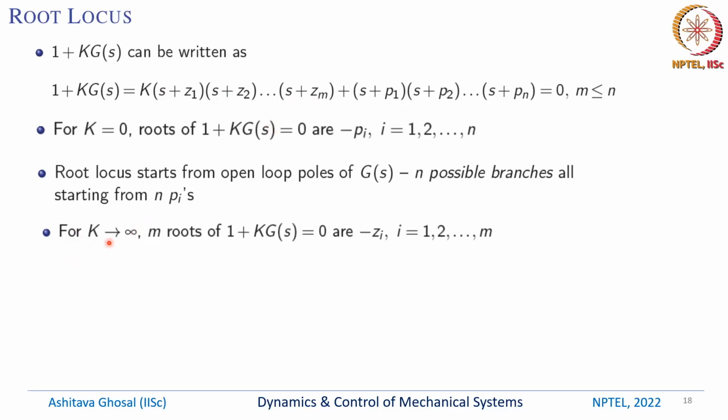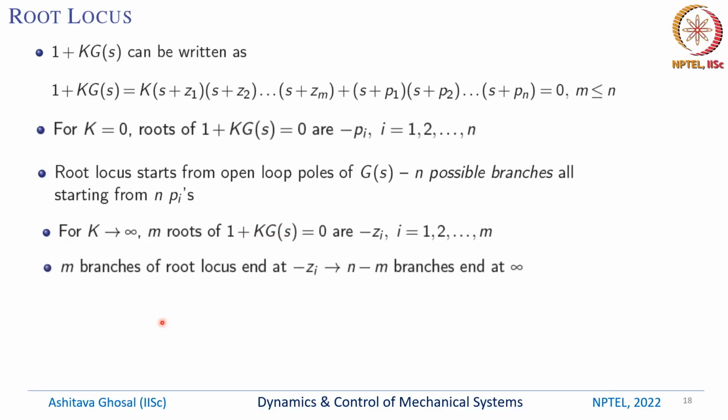So when k tends to infinity, m roots of this are the m zi's. So the m branches of the root locus end at minus zi, and what happens to the other n minus m branches? They go off to infinity because they cannot go anywhere else.